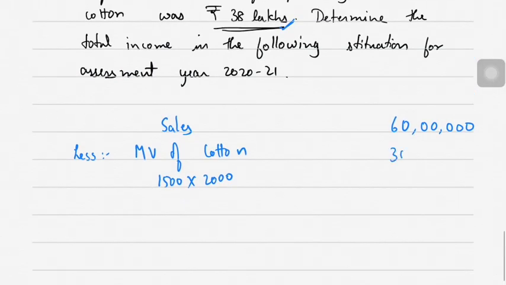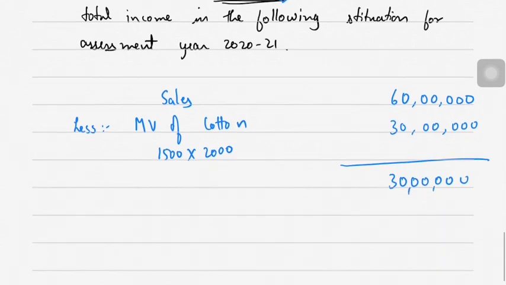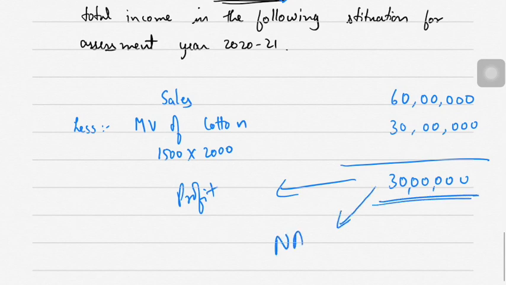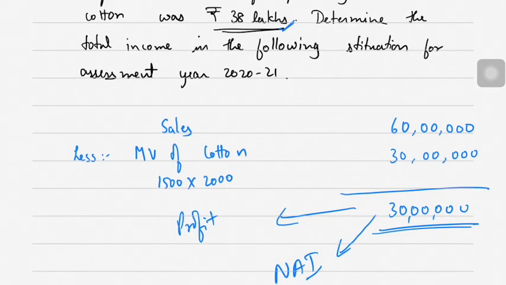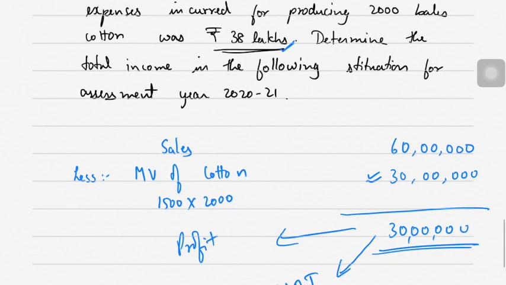So that means 30 lakhs is your business expense, and the remaining 30 lakh is your profit. And this 30 lakh is your non-agricultural income. Now market value is 30 lakh, but how much have you spent to grow? 38 lakh, correct? That means you have a loss of 8 lakh rupees.